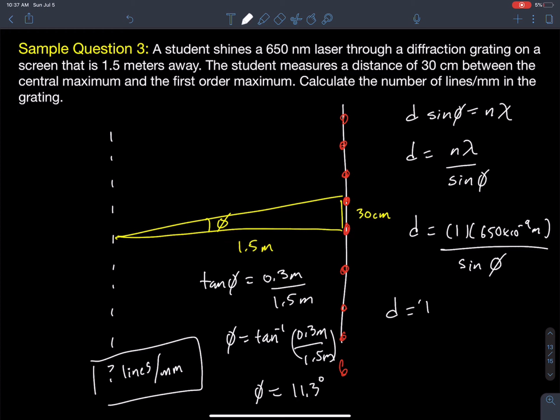So d is equal to 1 times 650 times 10 to the minus 9 meters divided by sine of 11.3 degrees. d is then equal to 3.31 times 10 to the minus 6.